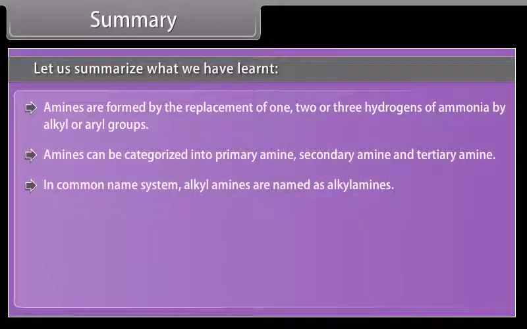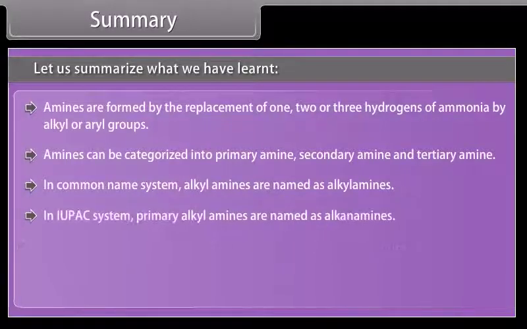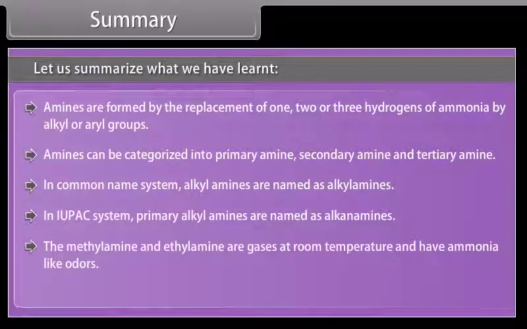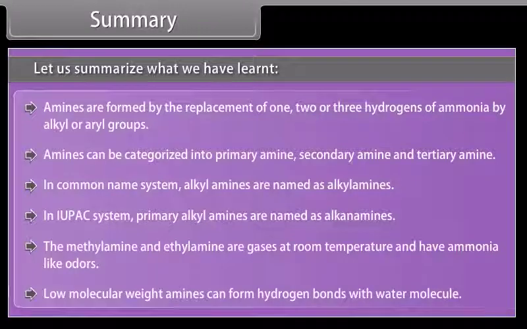In the common name system, alkyl amines are named as alkanamines. In the IUPAC system, primary alkyl amines are named as alkanamines. Methylamine and ethylamine are gases at room temperature and have ammonia-like odors. Low molecular weight amines can form hydrogen bonds with water molecules.